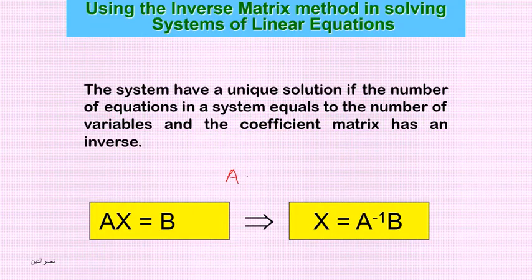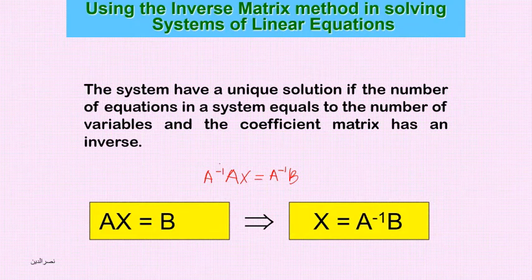So we have AX equals B. In order to eliminate A on the left hand side of X, we need to multiply A inverse on the left of A. Since we multiply on the left hand side, the right hand side should be the same.